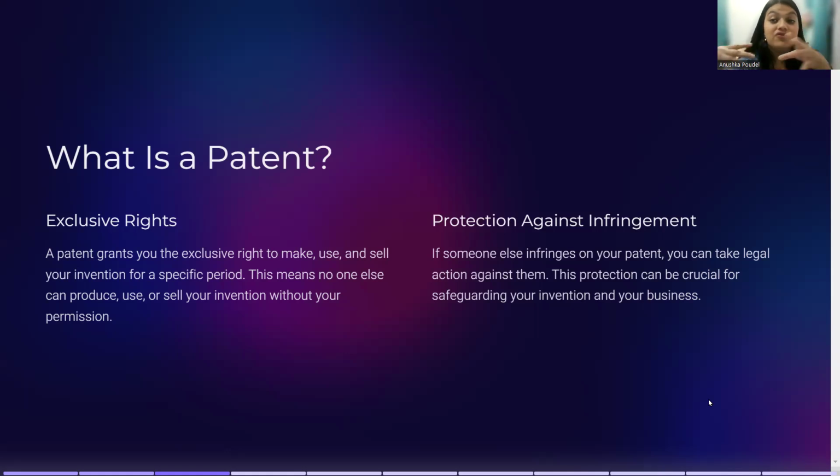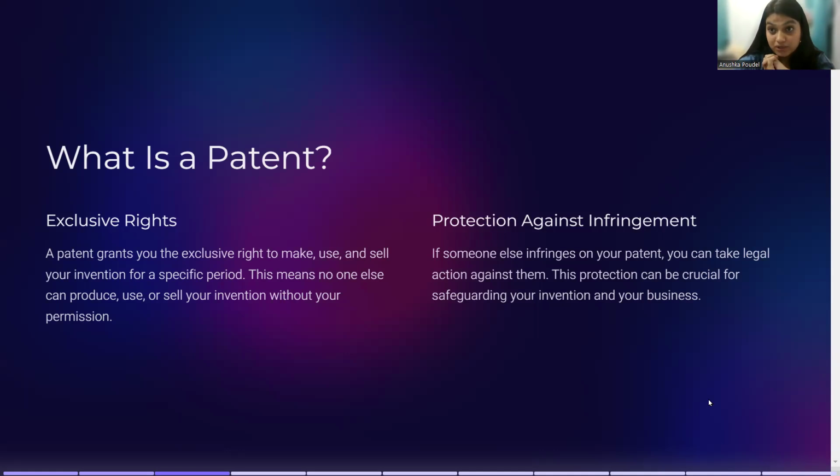But a patent is for physically important devices, such as any machinery or any electronic device. Patents are basically for physical objects, but copyrights are rather for the artistic approach of a person.